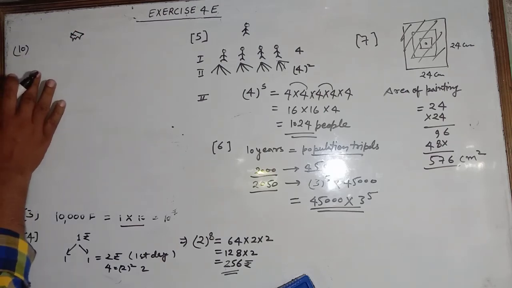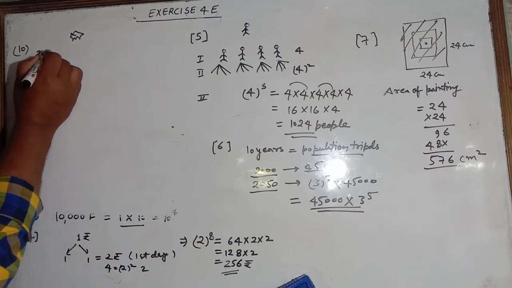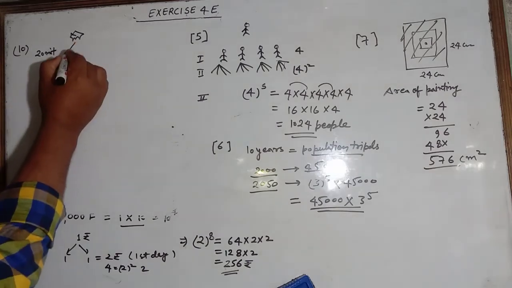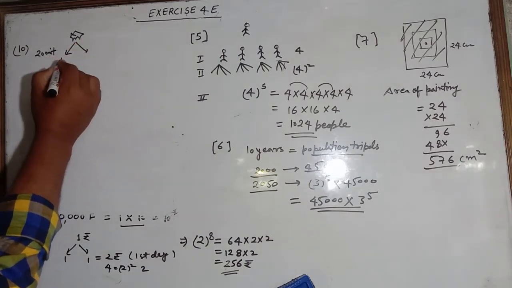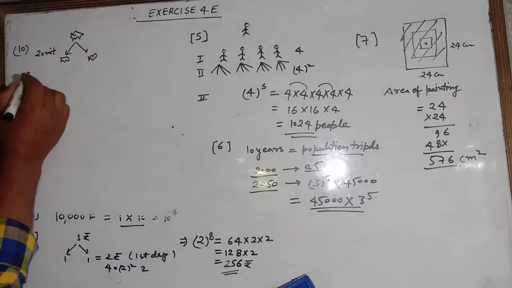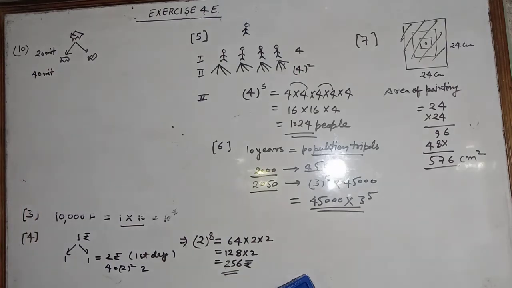What will it do in 20 minutes, after 20 minutes what will happen? It will be divided in 2. So from 1 it will become 2, like this. And after 40 minutes it will have multiplied itself again, so it will become 4 in 40 minutes.